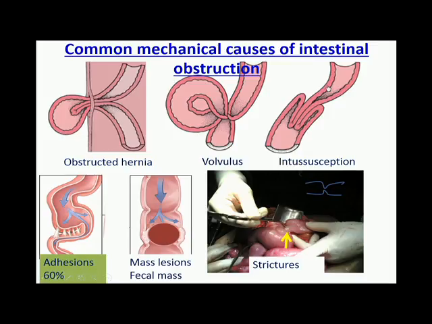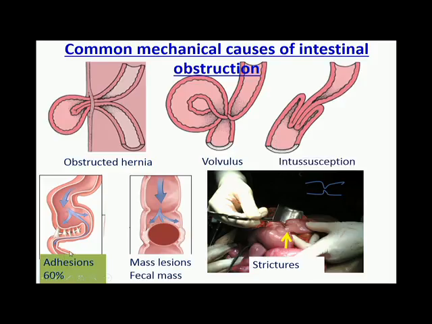It will contract strongly. And that will push the tumor into the next segment of the bowel, causing telescoping, or intussusception. It can be associated with anything. Okay? But it is not the sole cause of intussusception. Tumors can cause intussusception. So intussusception is another example of mechanical intestinal obstruction.